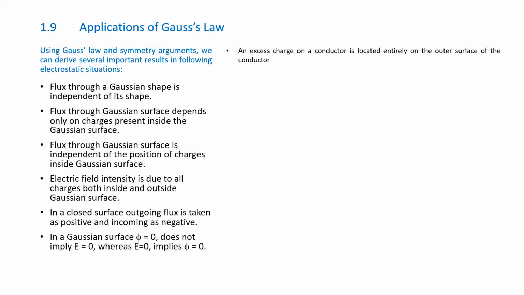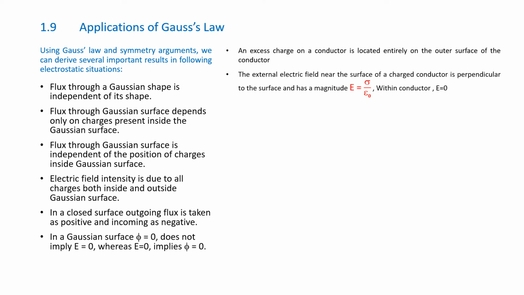An excess charge on a conductor is located entirely on the outer surface of the conductor. The external electric field near the surface of a charged conductor is perpendicular to the surface and has magnitude E equal to sigma over epsilon naught. Within the conductor, E is 0.